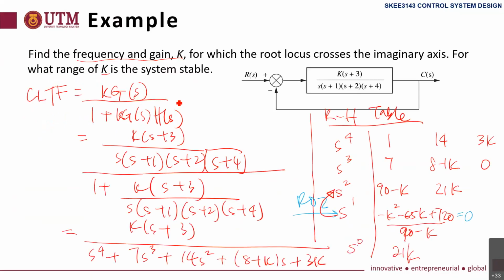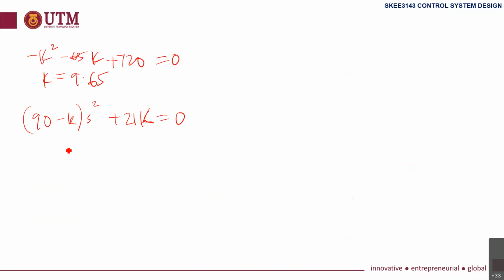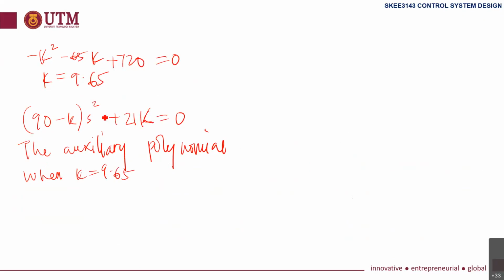This is what we call the auxiliary polynomial. Please refer to the previous course. When K is 9.65, we solve this equation and get s equal to plus minus j1.59, solving this polynomial.